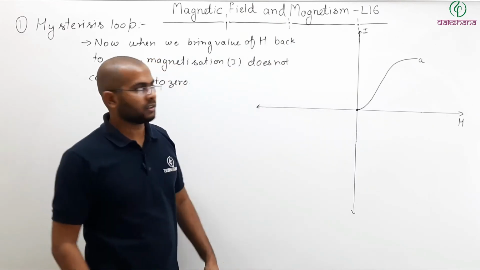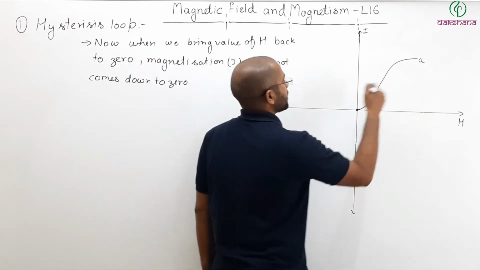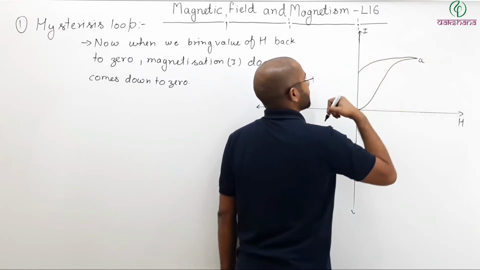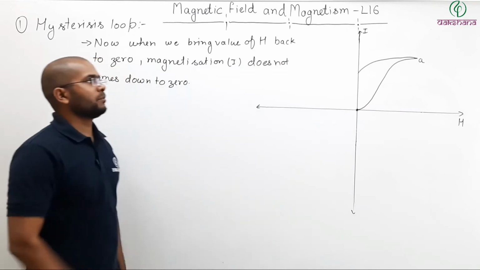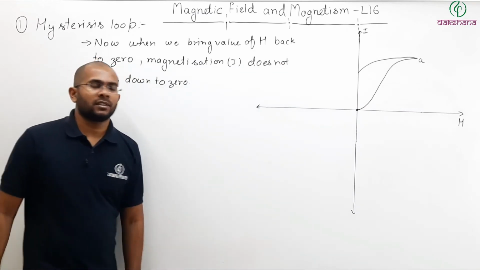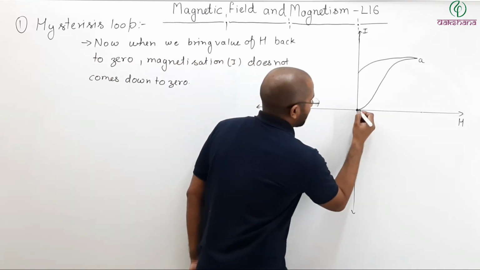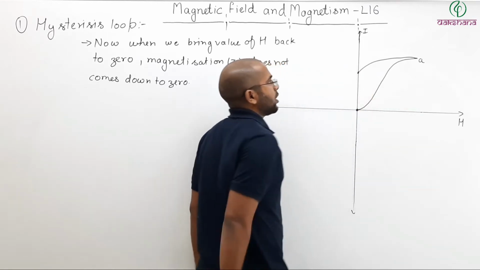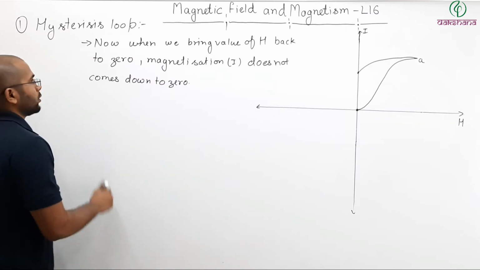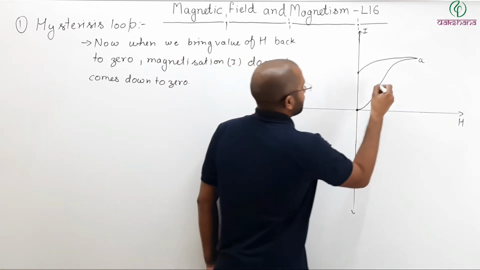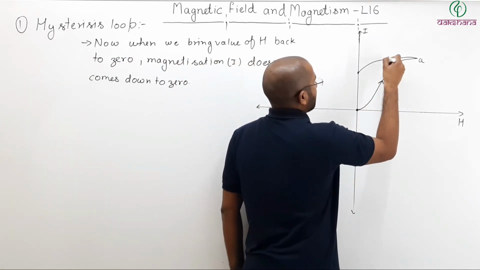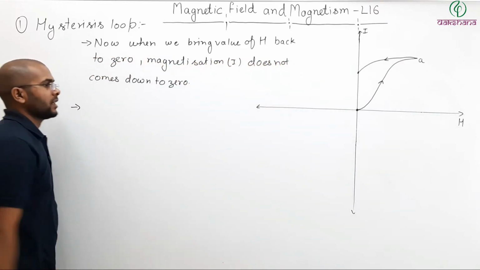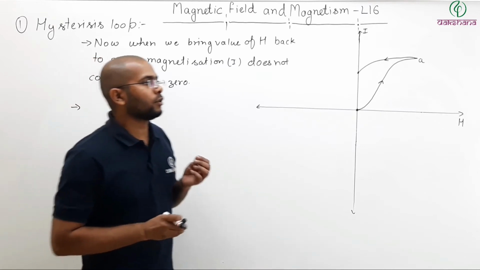Beyond that, saturation. And if I now start reducing, it will go something like this. So there will be some magnetization left. When the magnetic intensity is brought down to zero, magnetization does not go back to zero. So here you can write this direction like this. Here you can say the magnetization does not go back to zero.